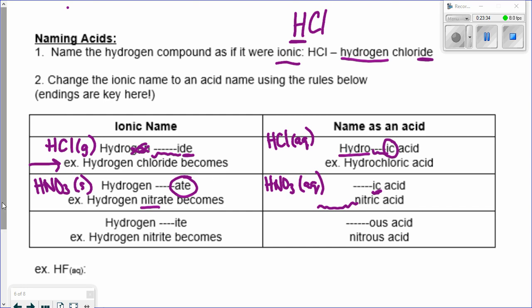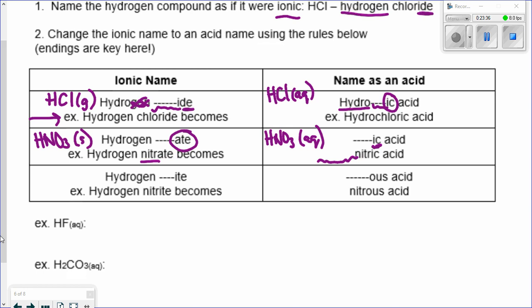And then the last one, hydrogen nitrite. Nitrite is NO2 with a 1 minus. Again, I'm just going to call this solid for this purpose. HNO2. If we now have aqueous, so an ending of ITE, these ones are just going to be from polyatomic.